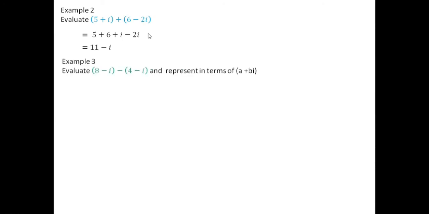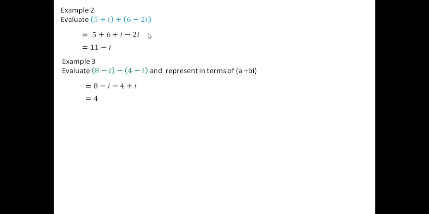Example 3, we take out the bracket first, and then they say represent this in terms of a plus bi. Note that we have a negative sign between the two brackets. That means every sign in the second bracket will change. So we'll have 8 minus i minus 4 plus i. Now when we add the like terms, we'll be left with 4.